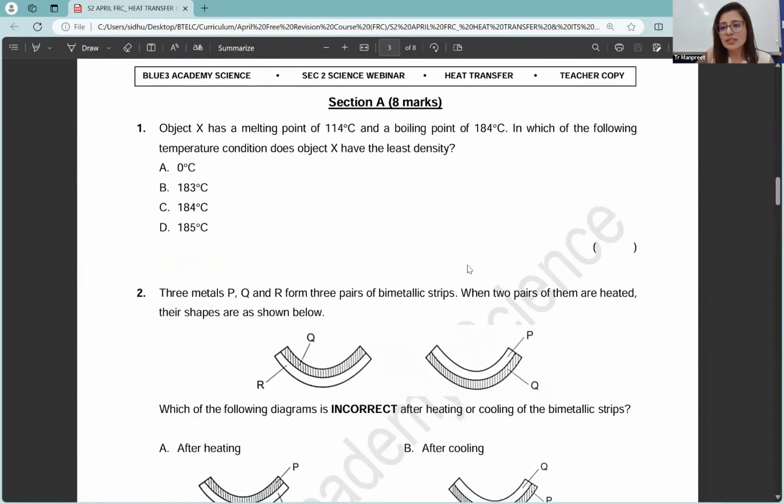All right, so let's get started with our heat transfer. Here we have the first question. Object X, you are told, has a melting point of 111 and a boiling point of 116.